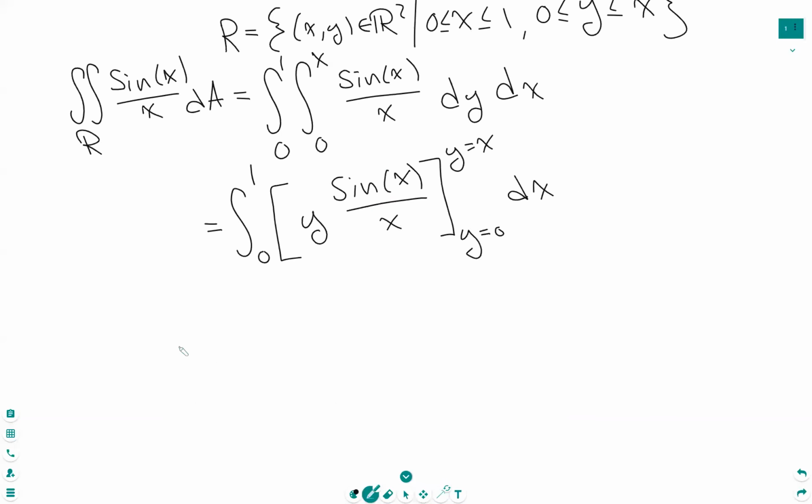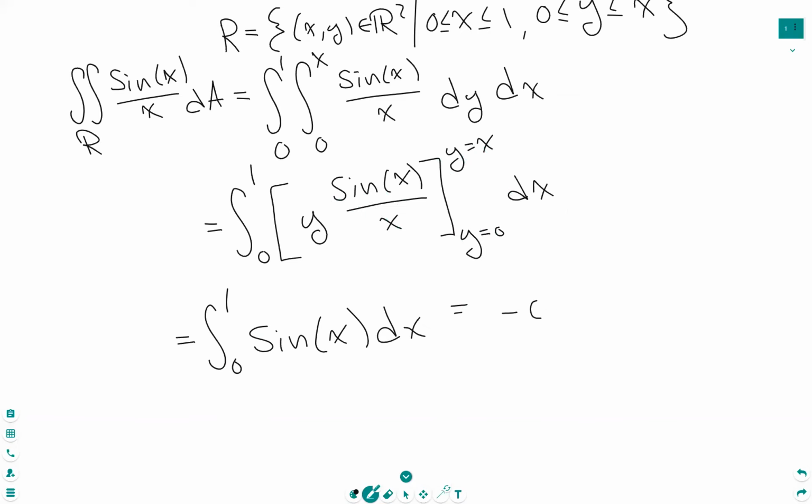So we can plug in our bounds here, and we'll get 0 to 1, and we plug in. Well, y equals 0 is not going to give us anything, but if we plug in x, it cancels with this denominator, and all we get is sine of x dx. Okay, that's pretty easy.